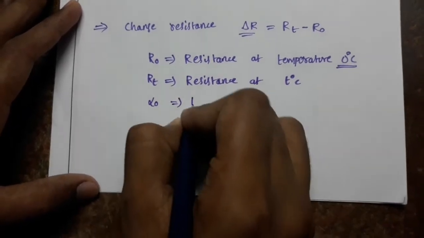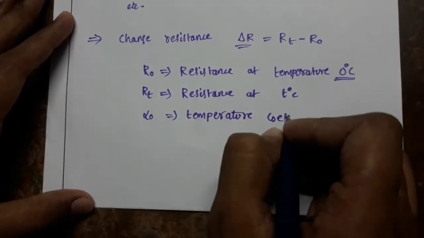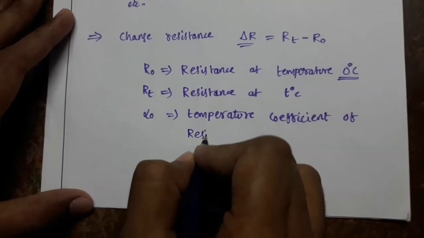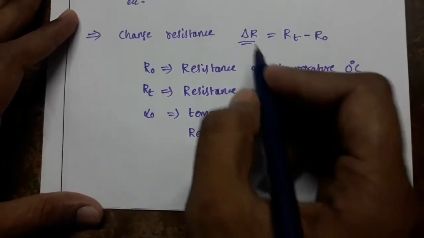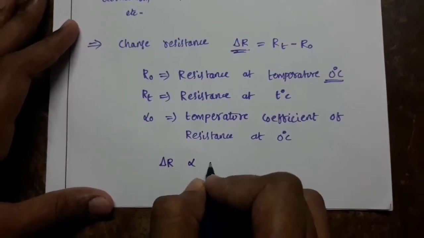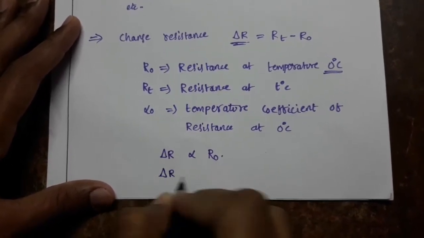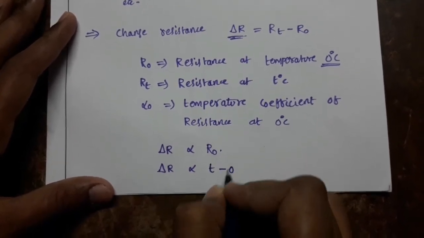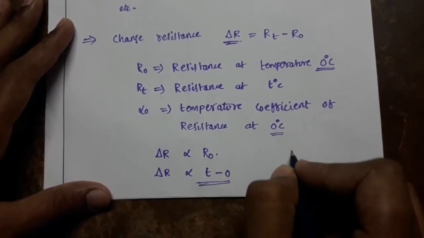Alpha naught represents the temperature coefficient of resistance at 0 degrees centigrade. The change in resistance delta R is directly proportional to the original resistance, that is R naught, and delta R is proportional to the change in temperature, that is T minus 0. The initial temperature is 0 degrees, whereas the final temperature is T.